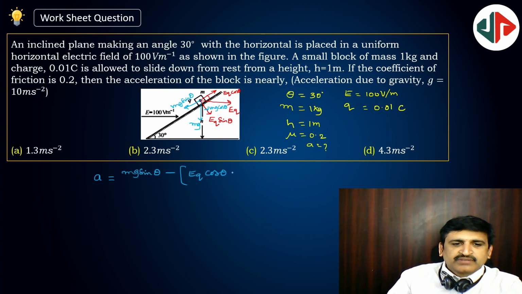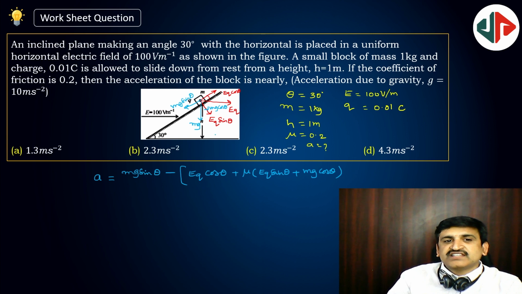Next, plus mu N, mu into N. N is EQ sin theta plus mg cos theta. I repeat, the downward force is mg sin theta. The upward forces are EQ cos theta and the frictional force, both are upward forces.